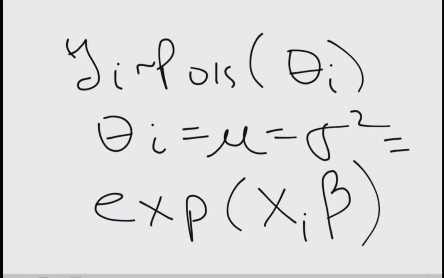That's a lot, all in one term. But basically what you need to know is that there's a single parameter in a Poisson regression, and it's a log link, so we exponentiate the results to get back at the linear model itself.